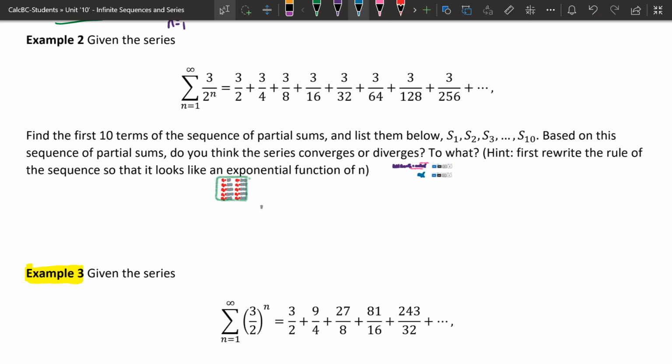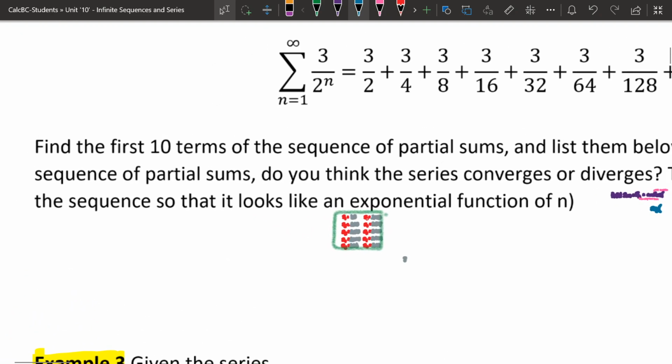Okay, so first thing, looking at the hint, first rewrite the rule of the sequence so that it looks like an exponential function of n. All right, so exponential function. So that was our geometric sequences that we touched on in the last topic. So if we're going to rewrite this, then let's see, 3 over 2 to the n.